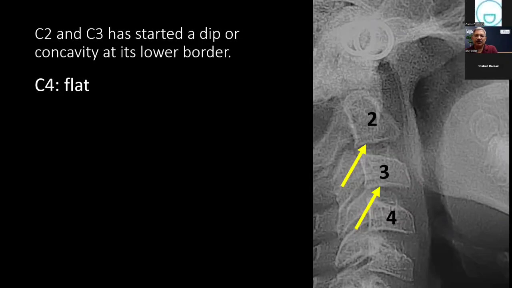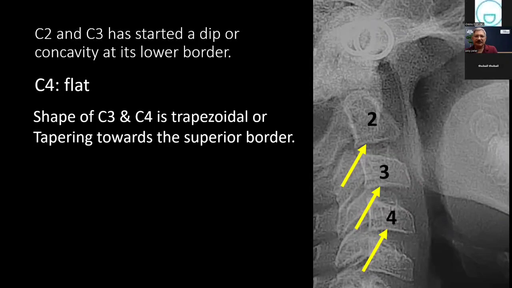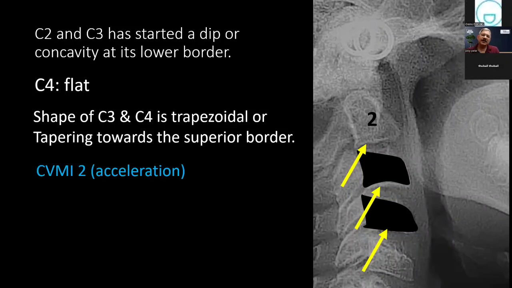And what about the shape of the body? The shape of the body of cervical vertebrae 2, 3 and 4, we can see the lower borders are bigger, and the superior borders are slowly tapering down. So it's a trapezoidal or wedge form, not a rectangle or a square form that is attained there. So we confirm that the child is in CVMI stage 2, that is called the acceleration stage.